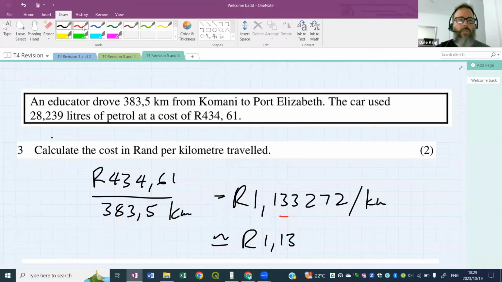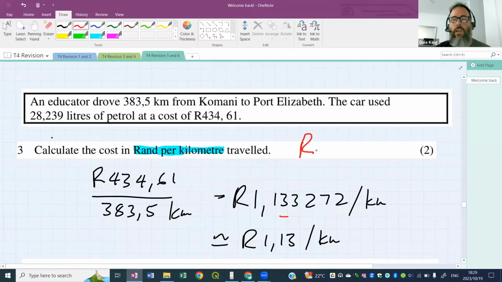Now, for some of you that are saying, well, what goes on top and what goes at the bottom? Let me give you a little hint here. You see this statement, rand per kilometer. If I write that with symbols only, it's rands per kilometer.